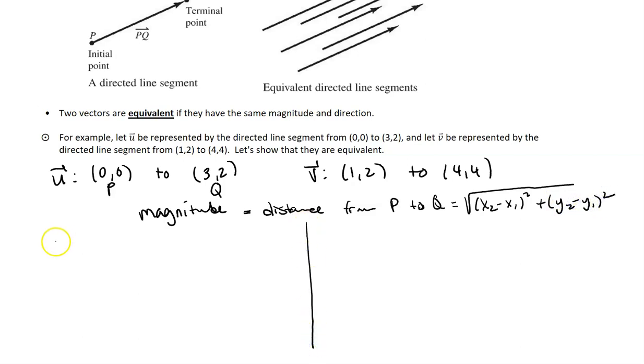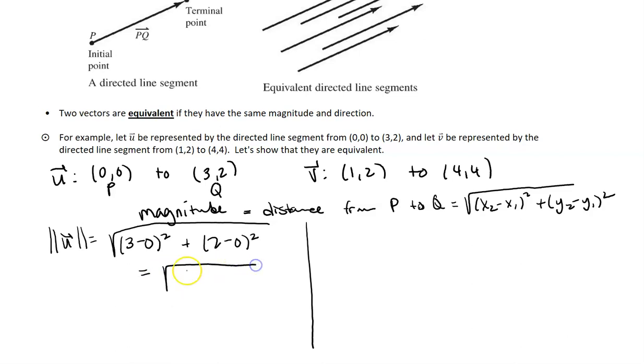So for u, the magnitude of u will be the square root of (3 minus 0) squared plus (2 minus 0) squared, which is the square root of 3 squared plus 2 squared, or the square root of 13.